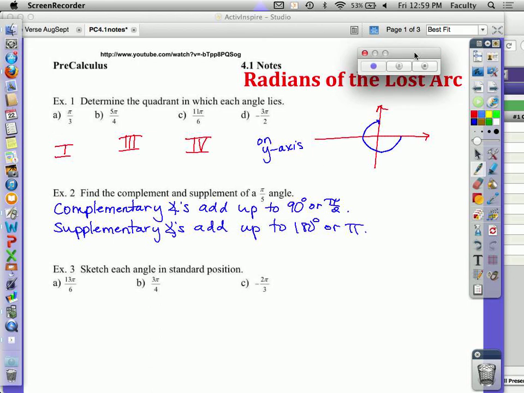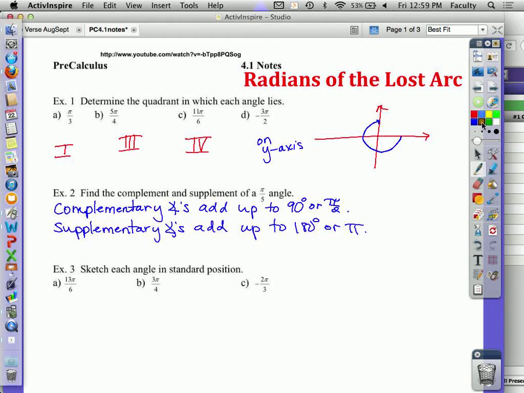So, again, complementary angles add up to 90 degrees or pi over 2 radians. Supplementary angles add up to 180 degrees or pi radians. So, if I want to find the complement of pi over 5, well, let me back it up a moment.